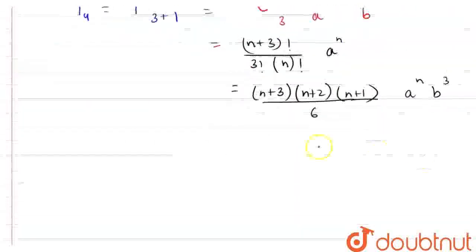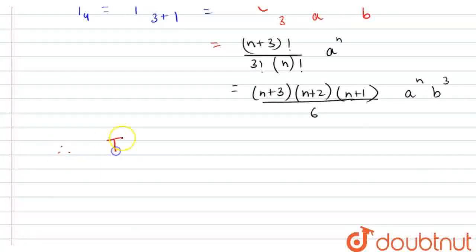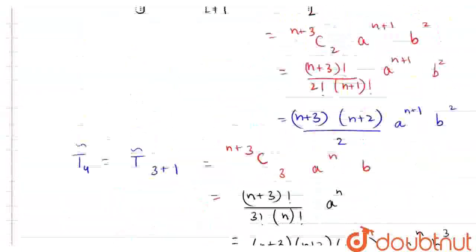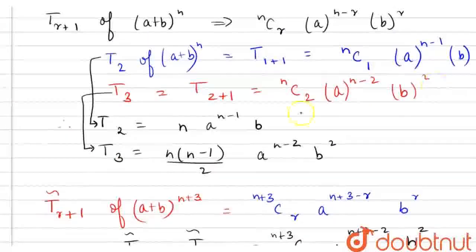So now what we have to calculate, therefore we have to do t2 by t3, which is equal to t tilde 2 by t tilde 3, second term by third term. So second term was n, a raised to n minus 1 into b, and third term was n into n minus 1 by 2.